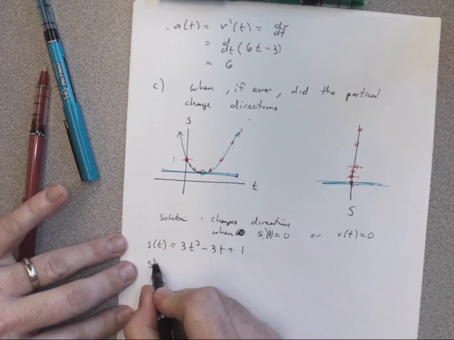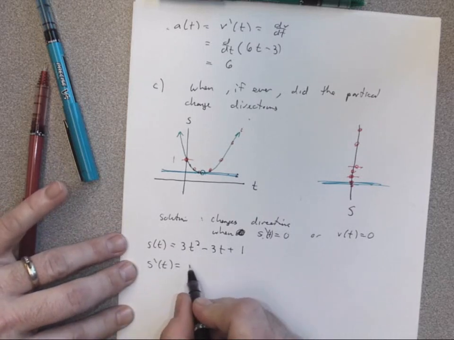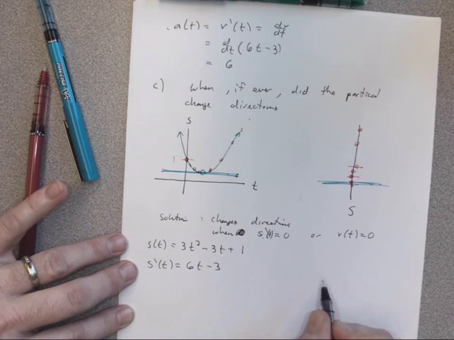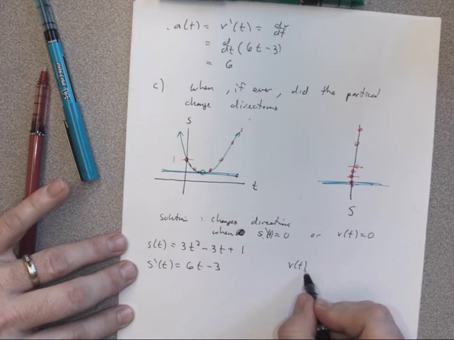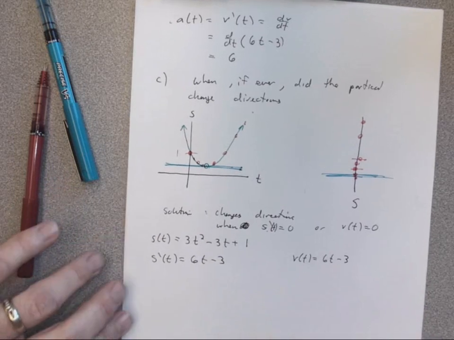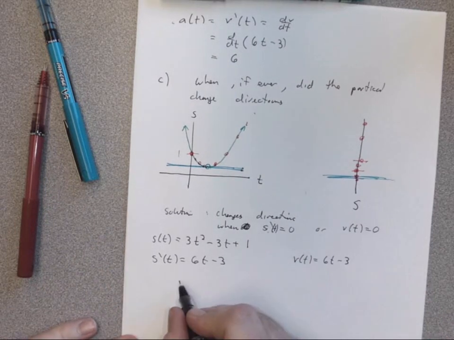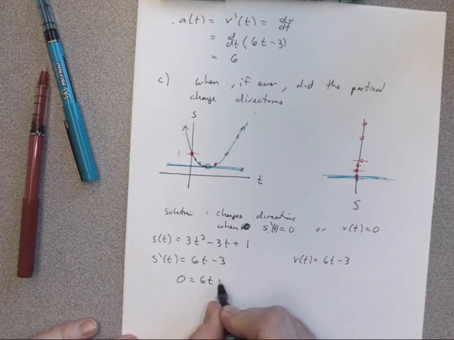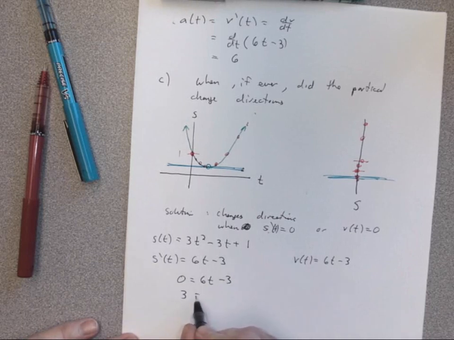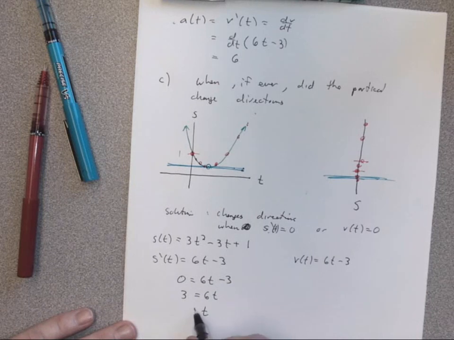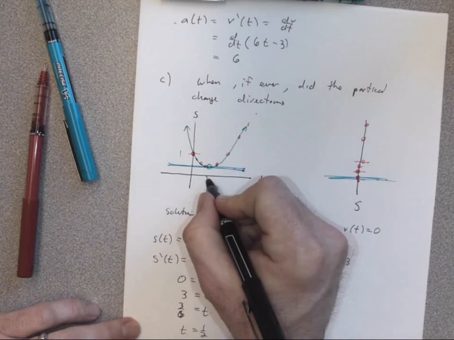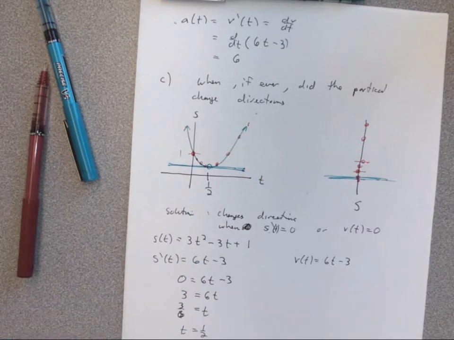That means s prime of t is equal to 6t minus 3, which is the same thing as saying v of t is equal to 6t minus 3. When the derivative is equal to 0 is when this thing changes direction. So we're just going to find the horizontal tangent line. Adding 3 and dividing by 6, t is equal to a half. So we know that this value here is at a half a second.